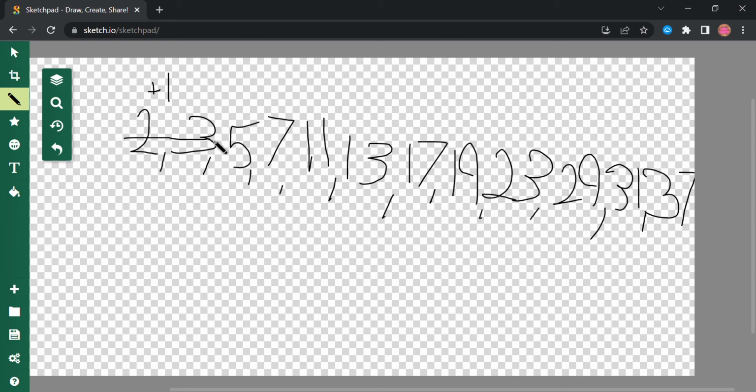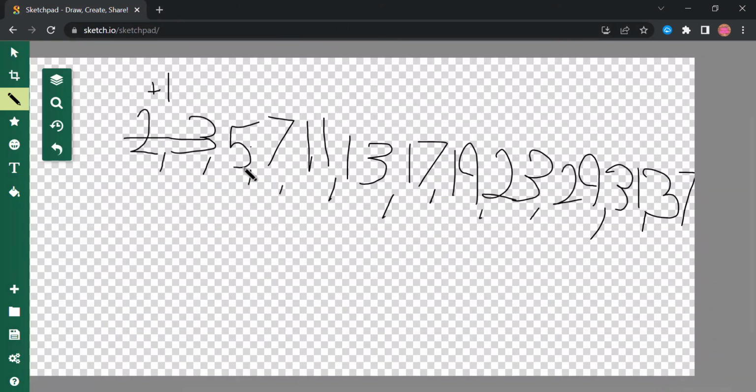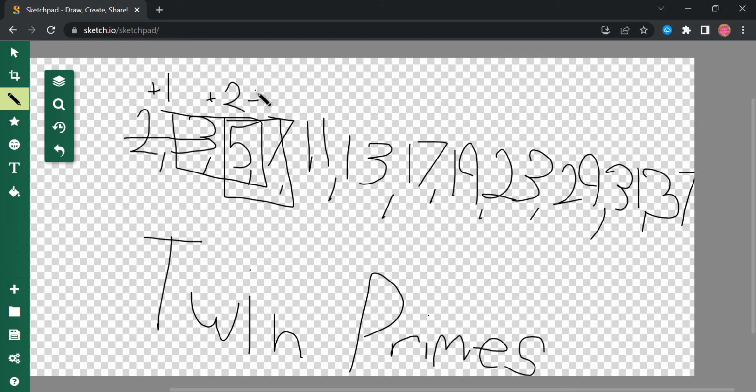So this would not be a case of twin primes. But 3 to 5 would be, because you have to add 2. So we have this here. 5 to 7 also works. You have to add 2.